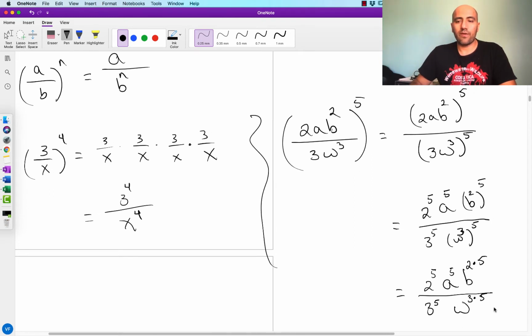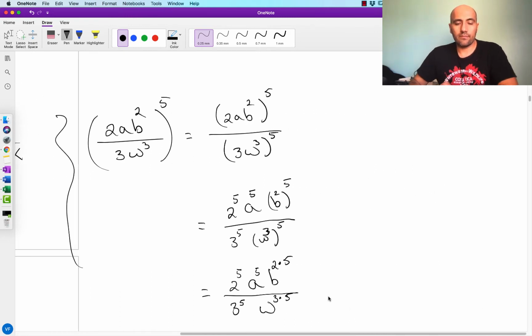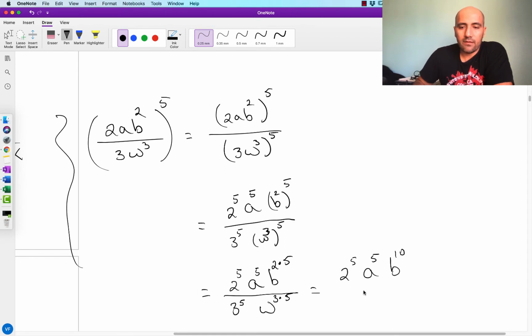Good. For a final answer of 2 to the power of 5, a to the power of 5, b to the power of 10, divided by 3 to the power of 5, and w to the power of 15. Good. That's as good as it goes.